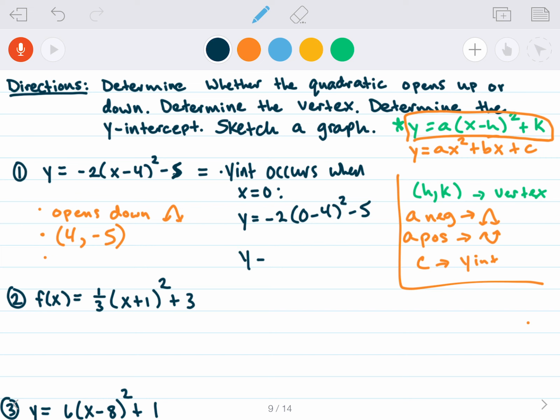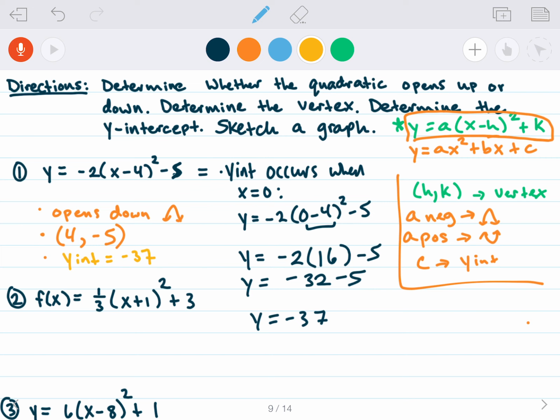And we can simplify this out, okay? I'm doing order of operations, so parentheses first and then exponents. So (-4) squared is going to be a positive 16. And we end up getting -2 times 16 is -32, minus 5 is -37. So we know that our y-intercept is -37.